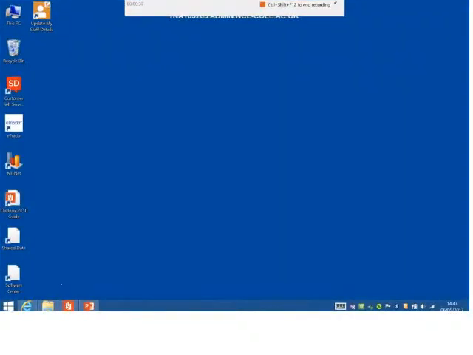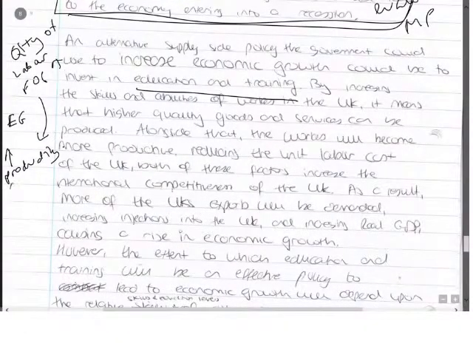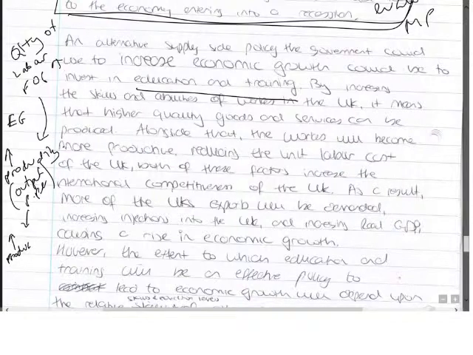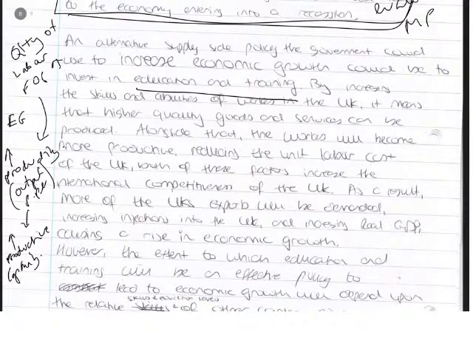So you could write an increase in output per person or an increase in productivity, which then gives you the increase in the productive capacity of the economy. And then that could be linked back to the supply side policy leading to economic growth.